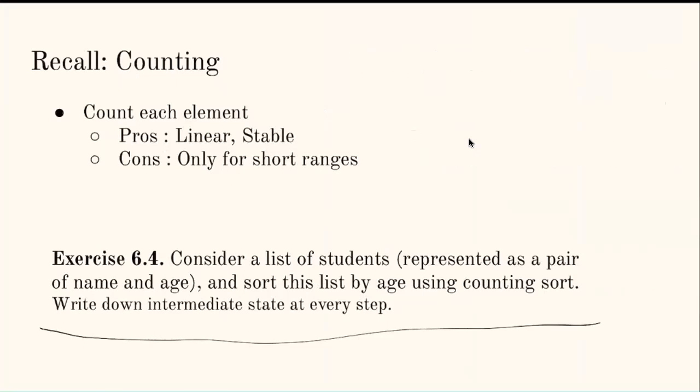There is one important notion in counting sort, which is stability. When is a sorting algorithm said to be stable? Any idea?